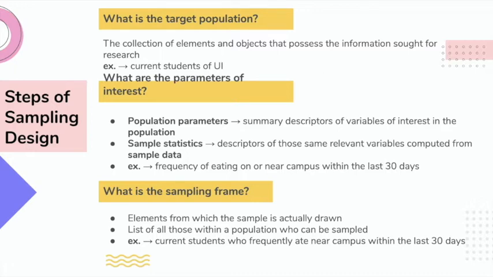And the third step is, what is the sampling frame? It is the elements from which the sample is actually drawn. It is the list of all those people, individuals or institutions within a population who can be sampled. For example, a narrower one: the current students who frequently ate near campus within the last 30 days.